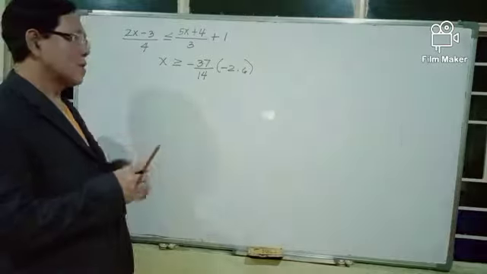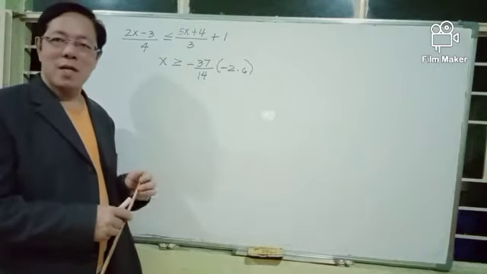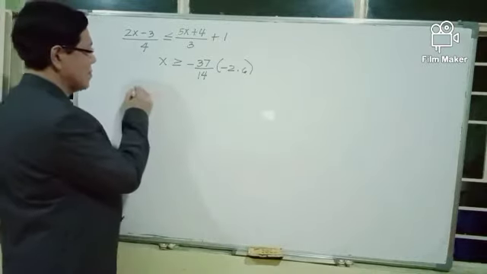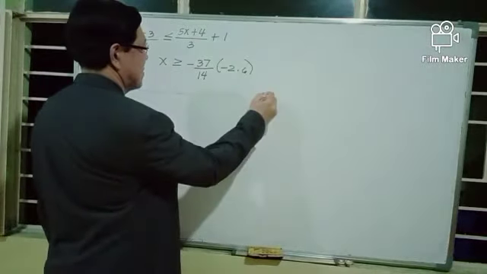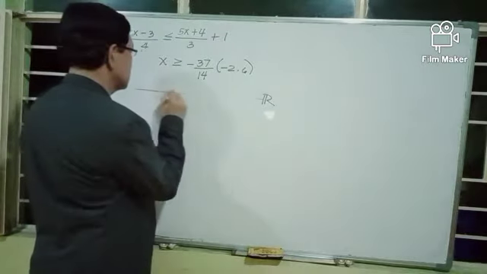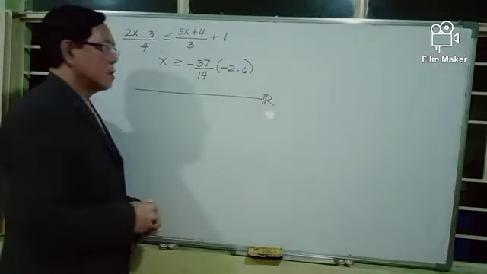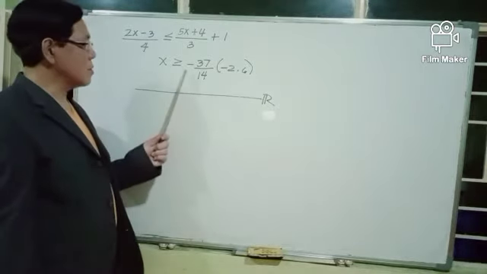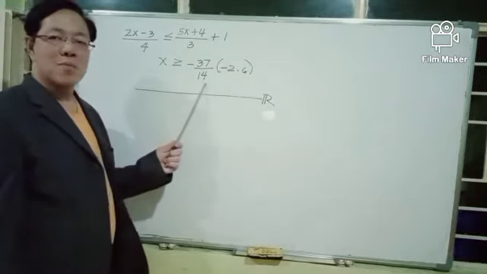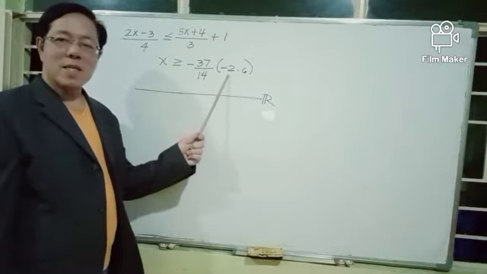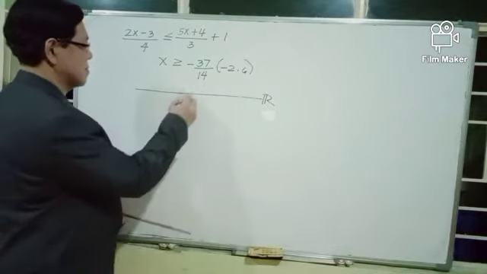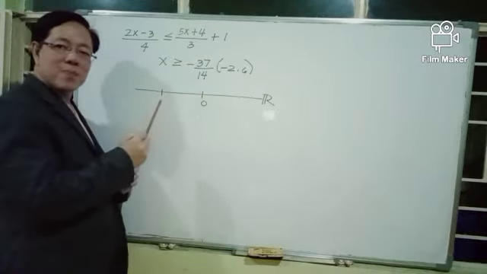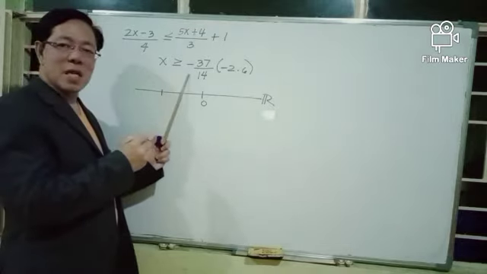And we represent the solution on a real line, or the set of real numbers. In the real line, or one-dimensional space, you locate negative 37 over 14. That's approximately negative 2.6.